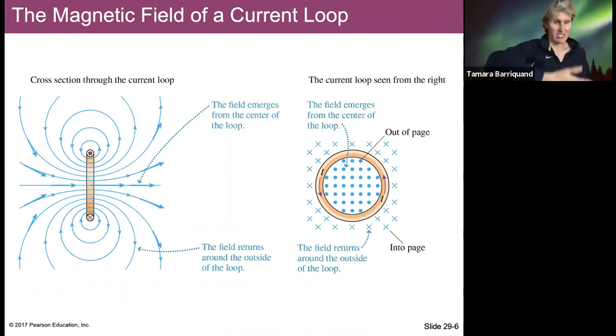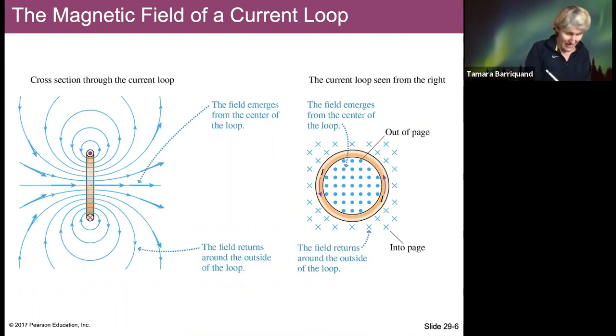We see at the bottom an X. That means that the current is going in down here, right? We're seeing the tail feathers of our arrow. So the current is going in at the bottom and coming out at the top, and we're seeing the point of the arrow coming out, pointed at you.